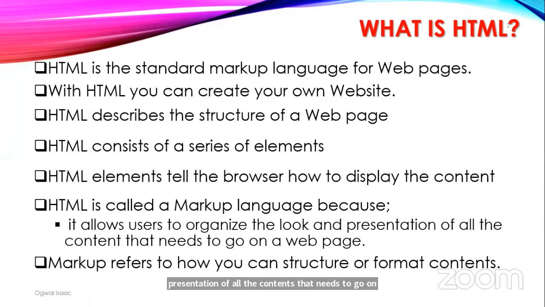A web page is simply a collection of those documents that you're trying to make accessible via your web browser. It includes the text contents, the images, the audios, the videos. All those, we call them web pages. Those electronic documents that we always find on our website.